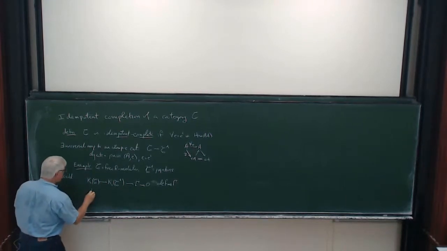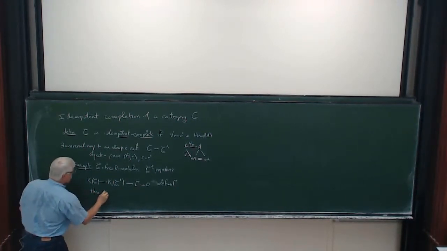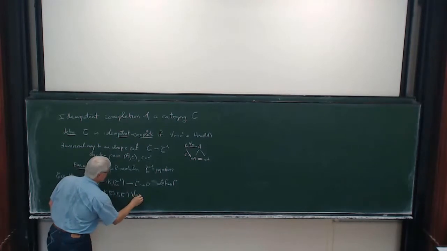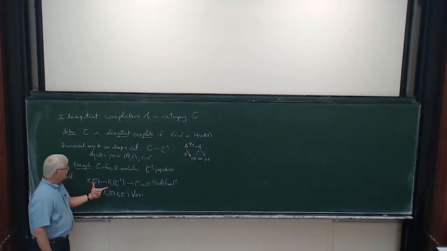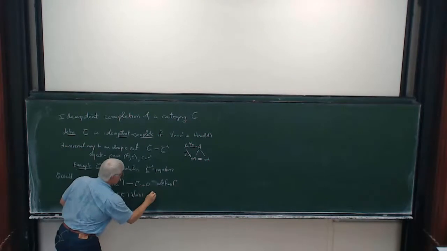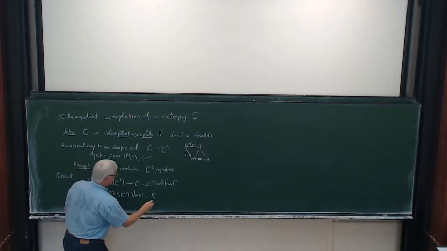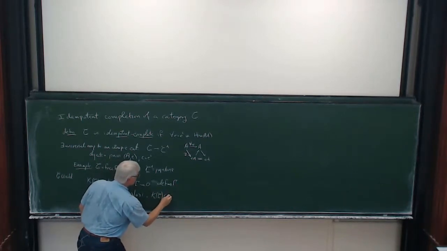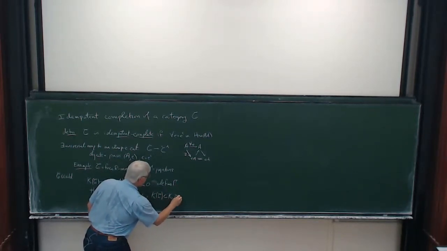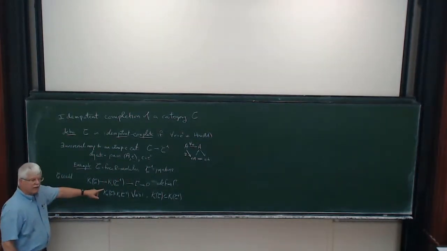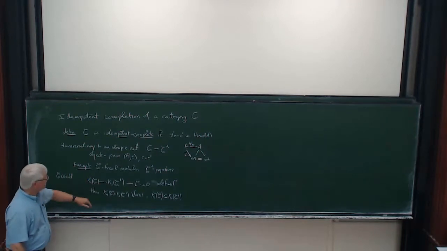And then the point is that Kn of C is equal to Kn of C hat for all n greater than or equal to 1. K0 of C is actually a subgroup of K0 of C hat. And so the only difference between the higher K-theory of these two is just the difference in K0.